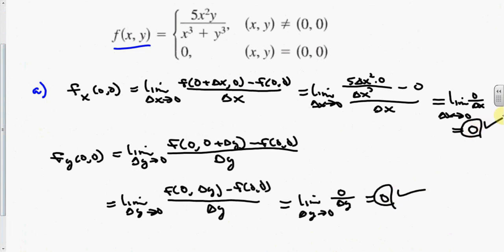So we get that the partial derivatives exist, that they're continuous, but that's not a strong enough clause to say that the function is differentiable. Let me show you.